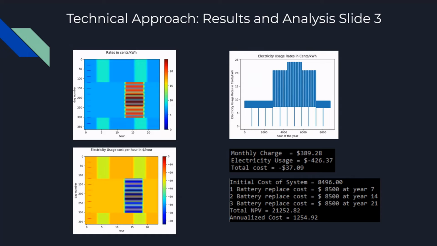The initial cost of the system is $8,496. And that figure isn't totally accurate because you'd have to add the battery, which is $8,500. So the system would be about $17,000. The net present value would be $21,000. And the annualized cost would be $1,200.